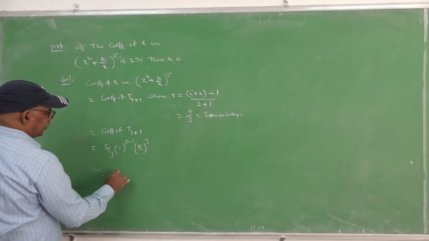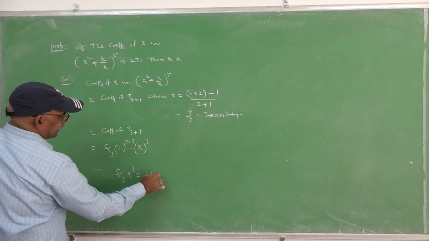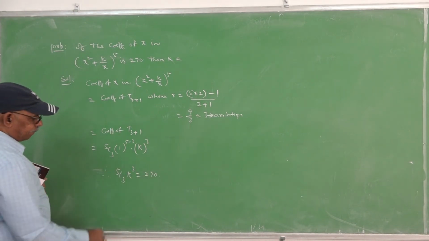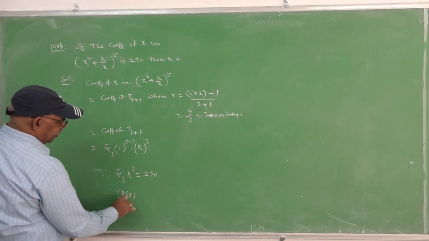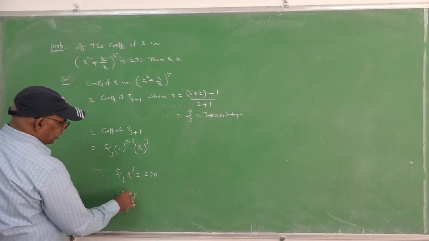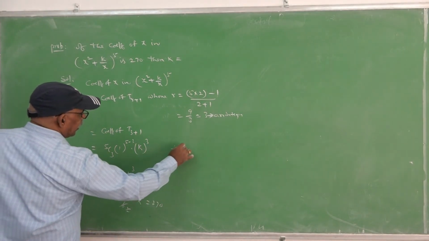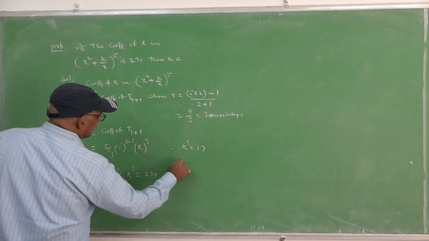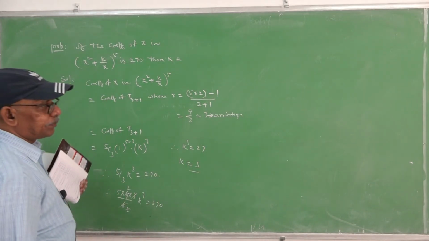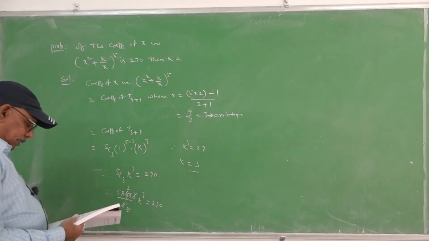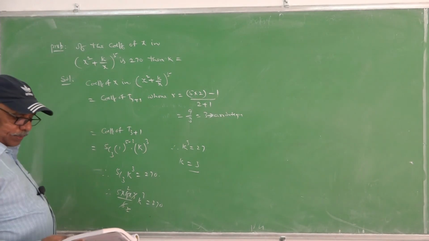So therefore, 5C3 k cube takes the value 270. 5C3, 5 into 4 into 3 by 6, 10 times. K cube equal to 270 by 10, K cube takes the value 27. K takes the value 3. The required value is 3. Like that you can apply the formula.